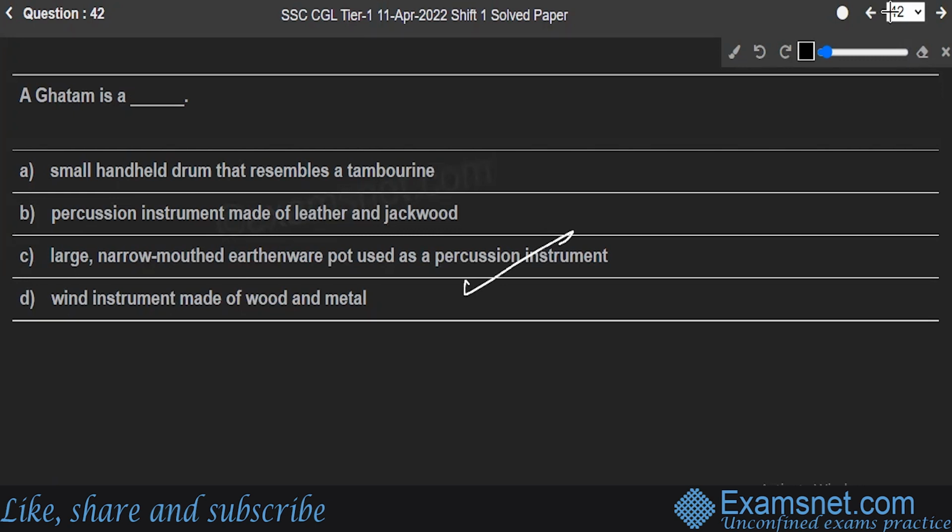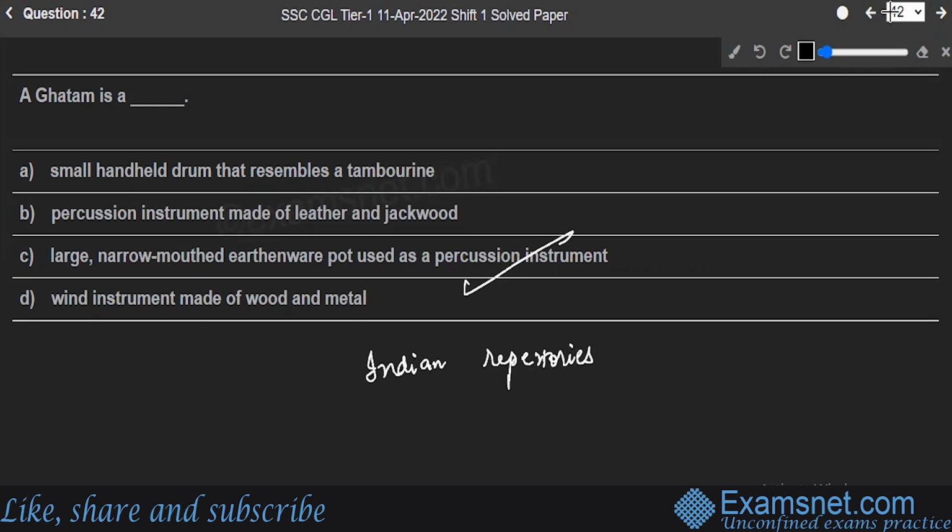A ghatam, if you have seen it anytime, is a very large, narrow-mouthed earthenware pot used as percussion instrument. Please refer to our PDF for the picture of this ghatam. This instrument is utilized in several Indian repertories.